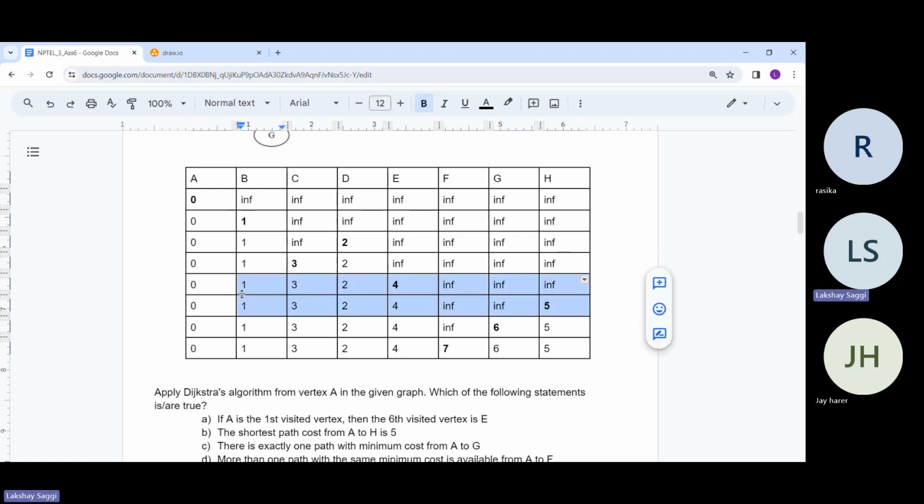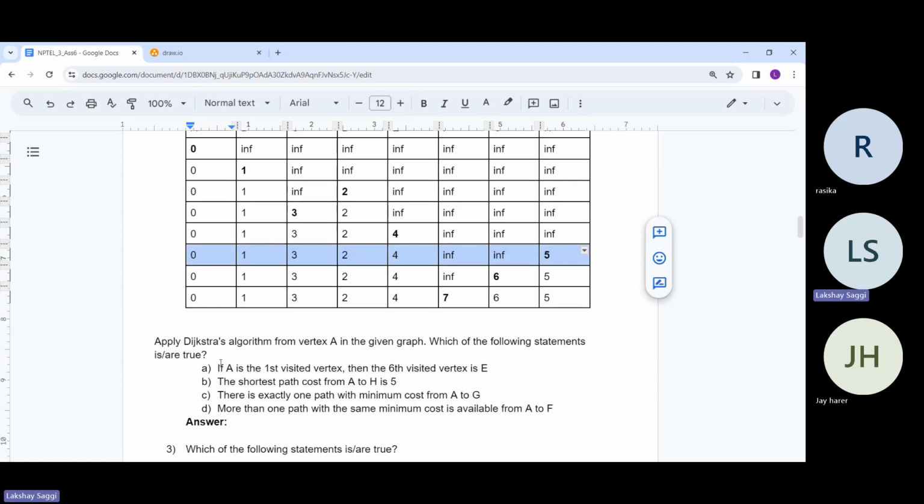So the first option is incorrect. We should write down for all options. So option A is incorrect, as H is the sixth visited vertex.